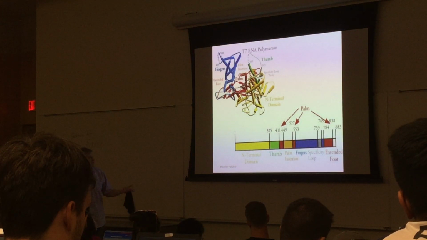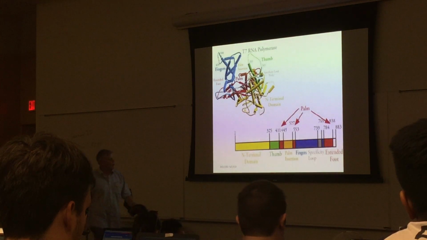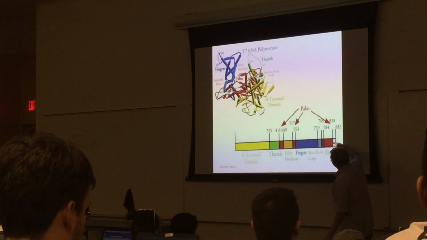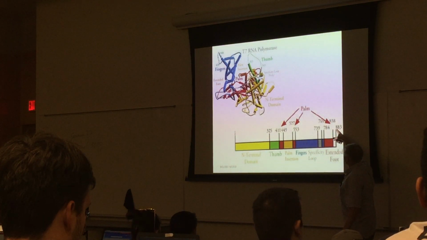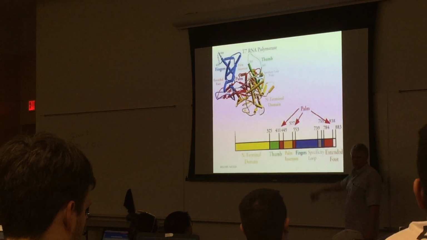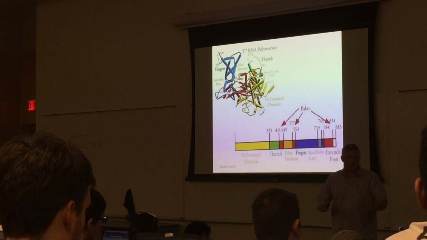So how many amino acids in the N-terminal domain? 324. Okay? Now, looking down here at the extended foot, or this little white area there, that 883rd amino acid, is it part of the next domain or the previous domain? Well, there's no next, so it's part of the previous. All right? So that's how you read that.